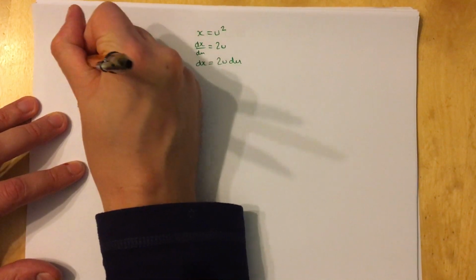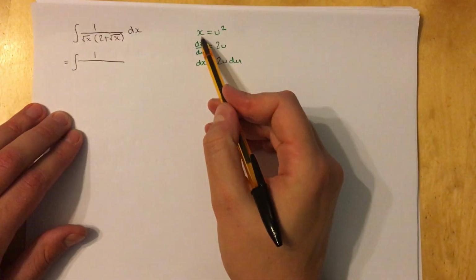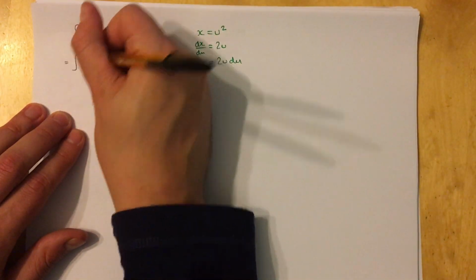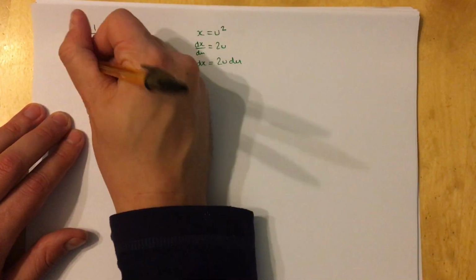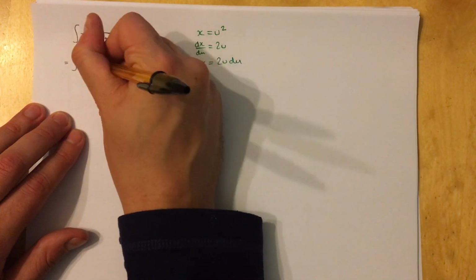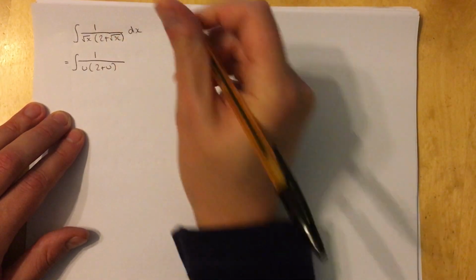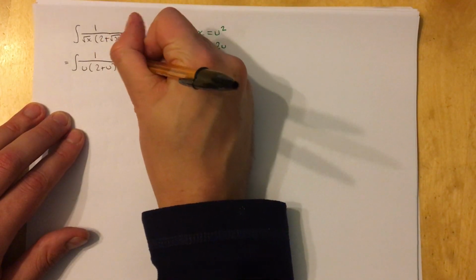So we've got 1 in that denominator. Now, if x is u squared, the square root of x is just going to be u. So each root x is going to become u, so we end up with u lots of 2 plus u. And then in place of that dx, I'm going to have 2u du.